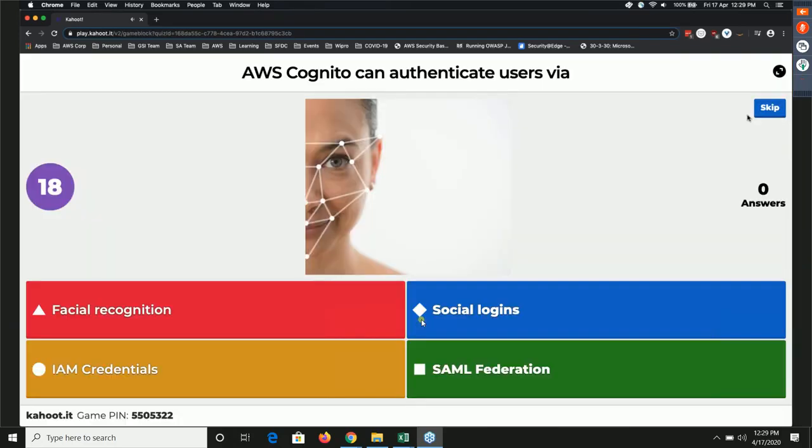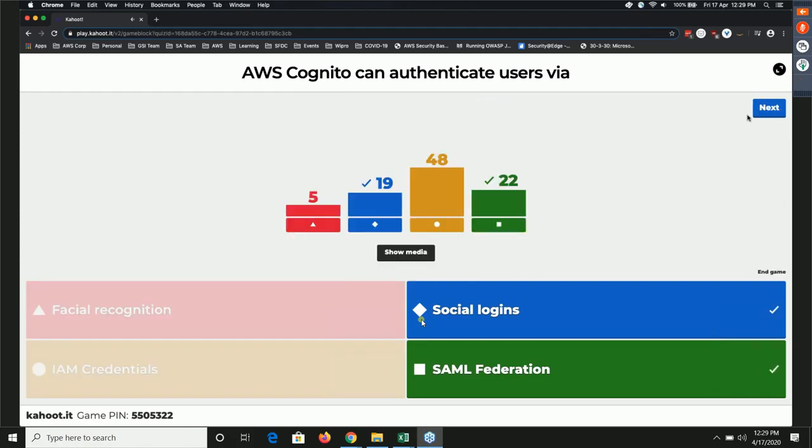AWS Cognito can authenticate users via facial recognition, social logins, IAM credentials, SAML federation. All right. Cool.